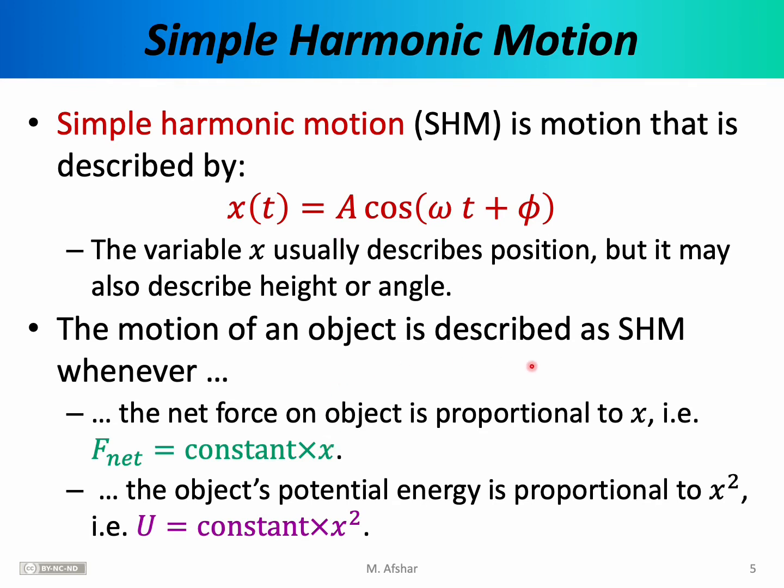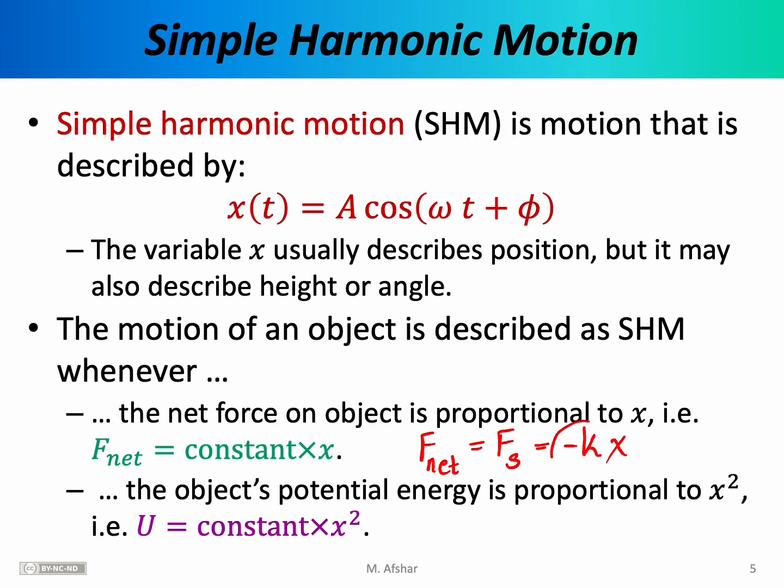The motion of an object is described as simple harmonic motion whenever the net force acting on that object can be expressed as some constant times x. This was certainly true for the simple mass spring system. For the simple mass spring system, the net force acting on the mass was simply equal to the spring force, and the spring force, according to Mr. Hooke, was minus kx.